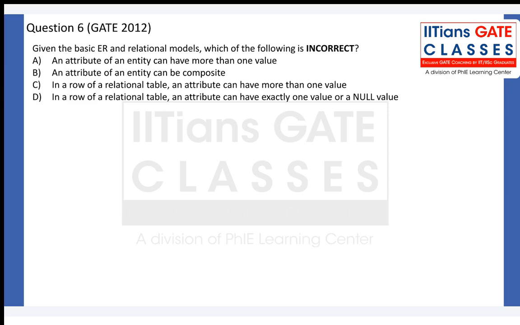Have you learned about relational models, relational tables, SQL? So in a row of a relational table, an attribute can have more than one value. Is it true? Can you have more than one value in a row in a table?